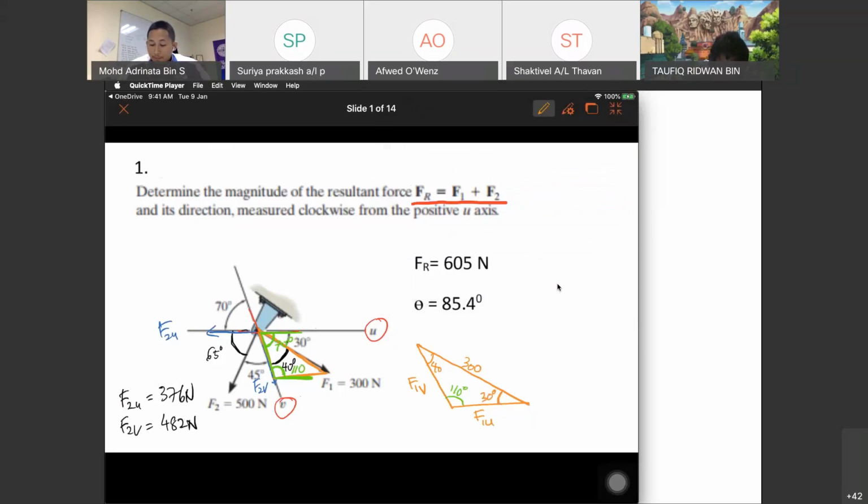Then we can find our F1V and F1U using sine law.